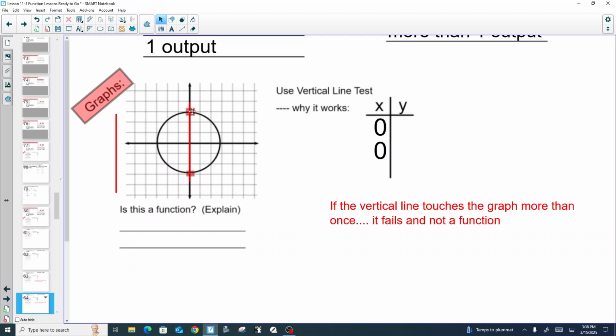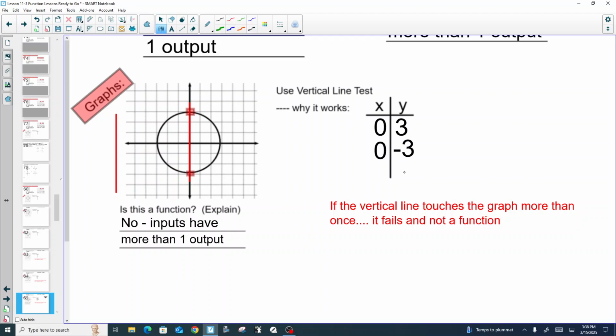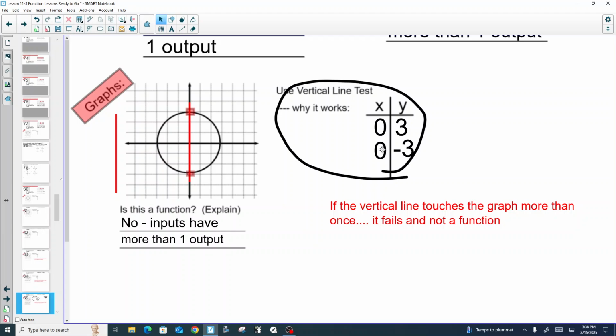We know that. Look at these 2 spots right here. This is the x-axis, and right here is at 0. So 0 is going out with positive 3, but it's also going out with negative 3. And this is why it works, okay? 0 is going out with 3, but 0 is also going out with negative 3, so 0 is a cheater. I'm sorry, this relationship cannot work.